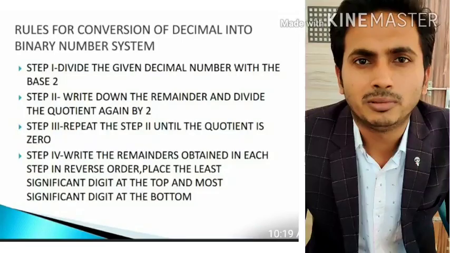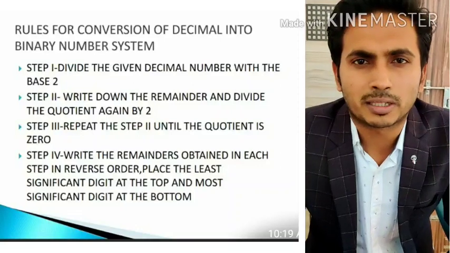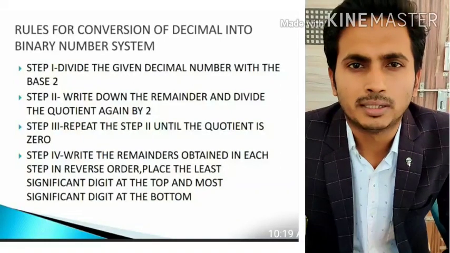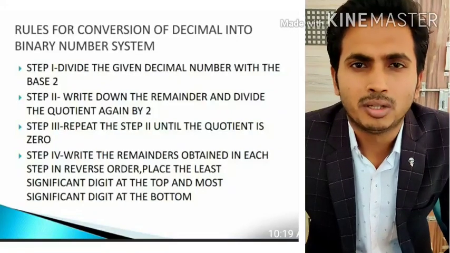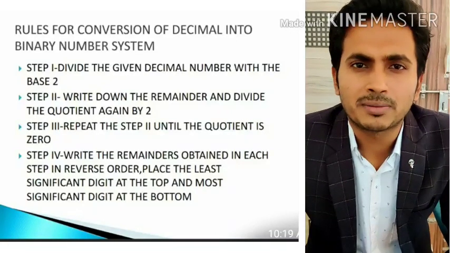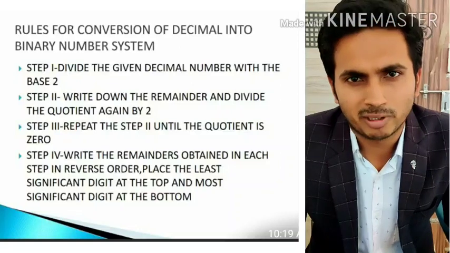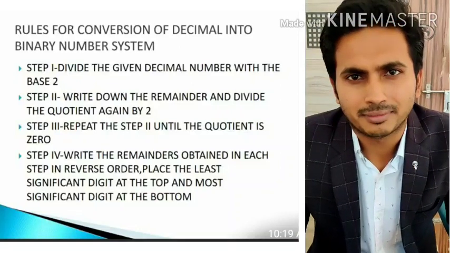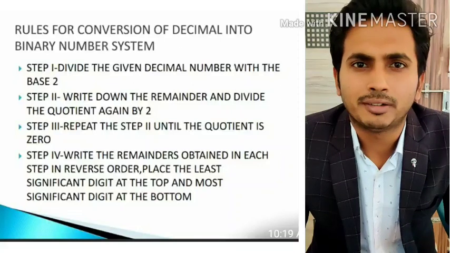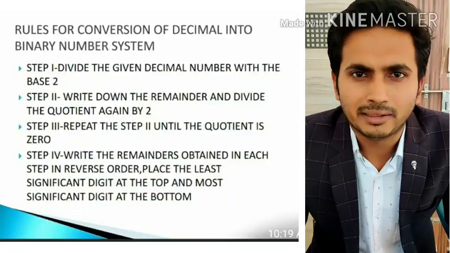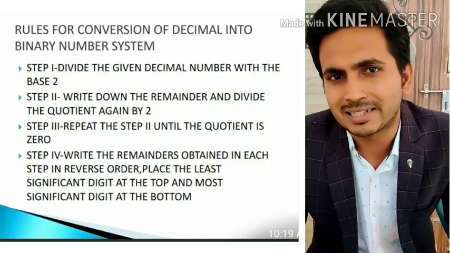Now I shall tell you the rules you will follow to convert any decimal number to its binary form. First we take any decimal number, say 5. Second, we divide 5 by 2 and keep the remainder on the right side.